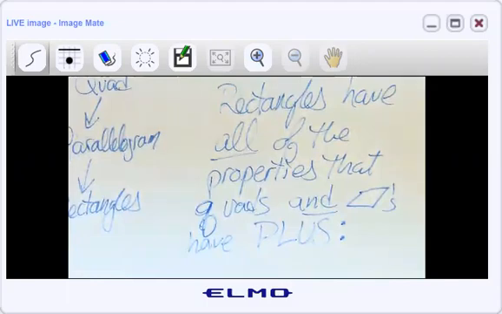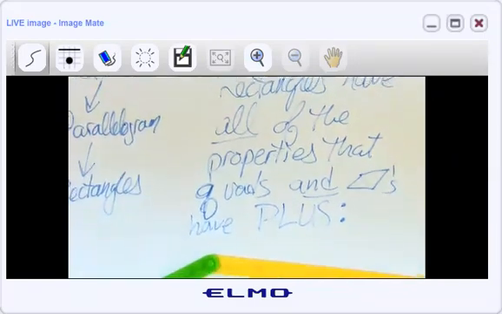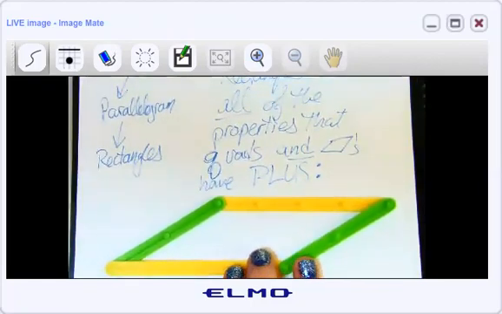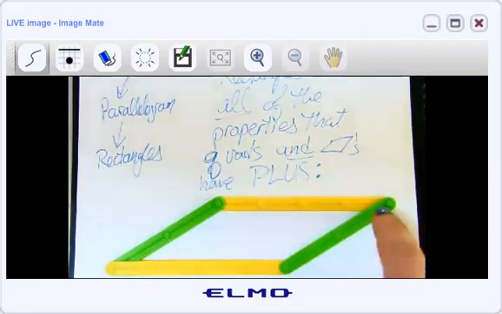Okay, and I'm going to use my bendy shapes to show you. Let me zoom out a little bit. Here is my parallelogram, right? We've been using this same shape over the last couple days. We talked about if I draw in the 2 diagonals, they do bisect each other in every parallelogram.